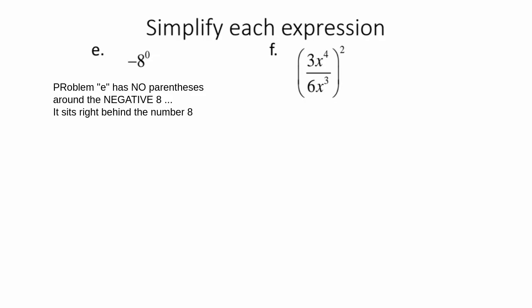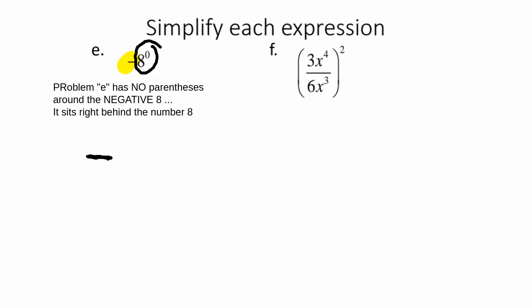So this is where we have to be careful. An exponent pertains to only what's directly in front of it, which means that this negative sign has to remain. This is going to stay because 8 is the one that has the power of 0.